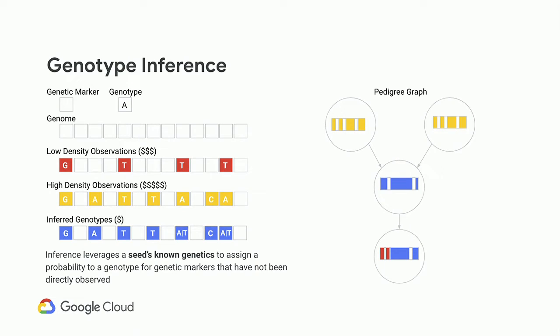Now, capturing low density observations is cheaper, easier, and can be done more quickly, but it still costs money, right? And it's not just the money of running that experiment, it's all the shipping costs and all that comes into play to move seed to actually make those measurements.